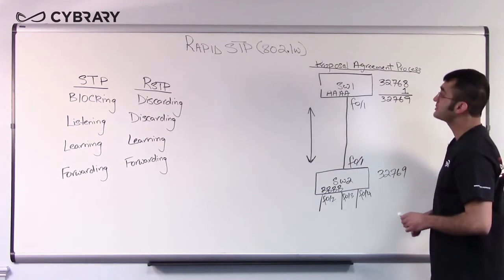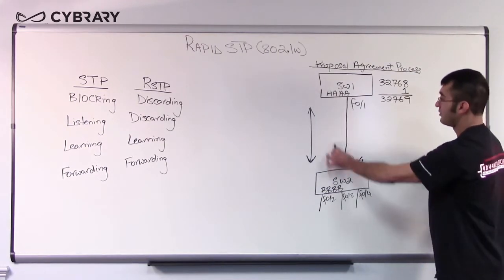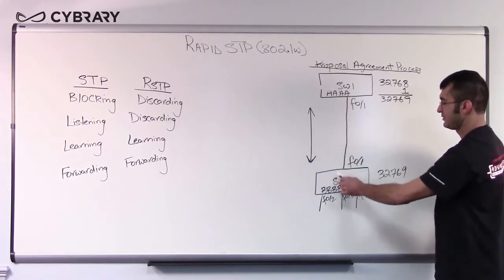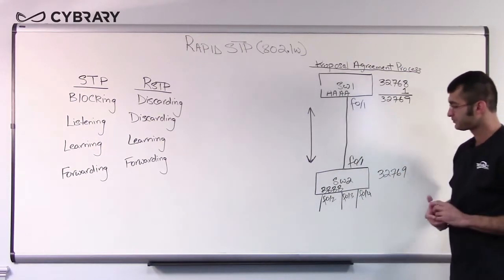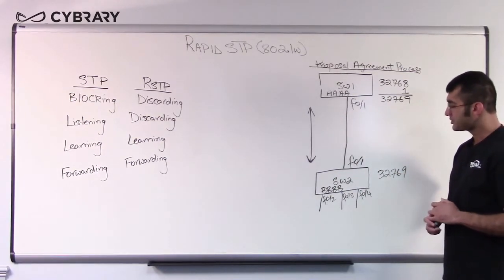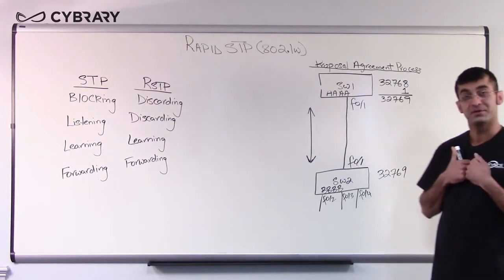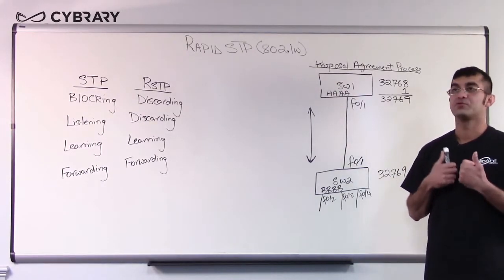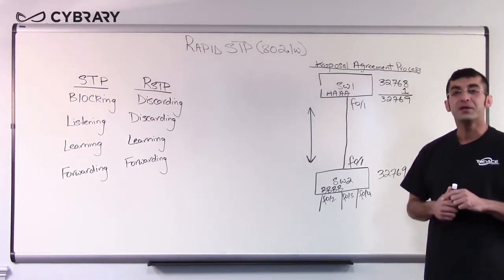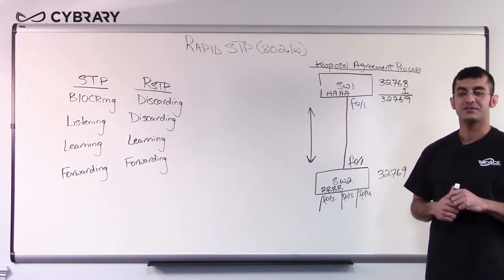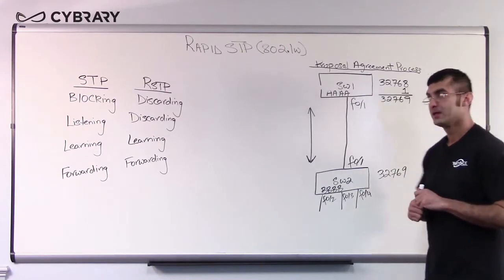And if we remember, a segment is a connection or a link between two switches, right here, between switch 1 and switch 2. So each switch in its proposal is claiming that it will have the designated port on the segment. And if you remember how things worked out in Spanning Tree, the superior switch always ends up having the designated port on the segment.